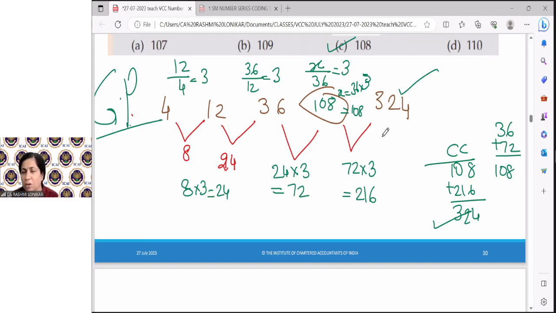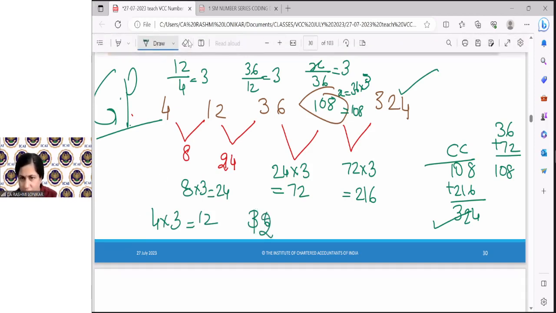Yes, yes, perfectly all right. You can say 4 threes are 12, 12 threes are 36. So now 36 into 3.